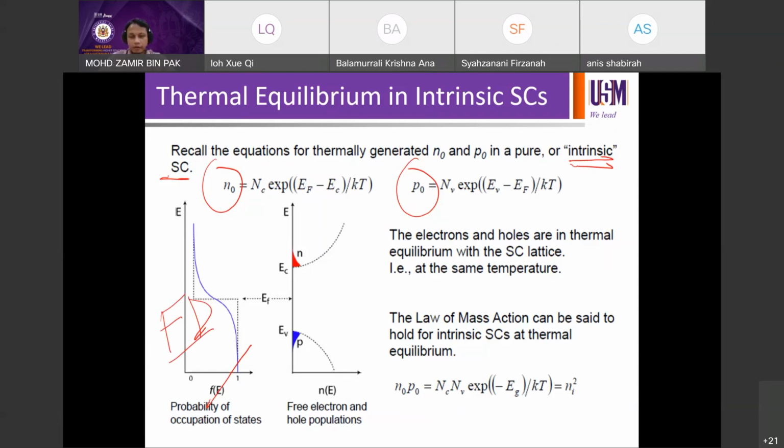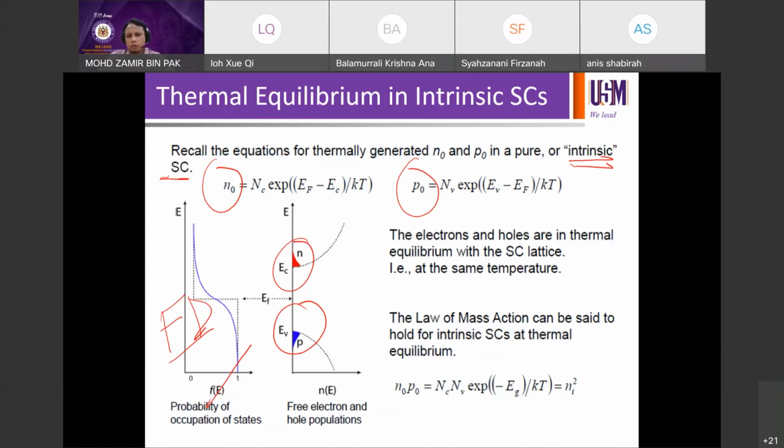Remember last time we talked about the Fermi-Dirac distribution function, the probability, and then density of free electrons or free holes as given here, which is the product of density of states in the conduction band for electrons times probability of occupation of electrons in the conduction band at that particular energy level. Or you can also calculate the p, which is essentially the product of density of states of holes in the valence band times probability of occupation of holes in the valence band at that particular energy level, right?